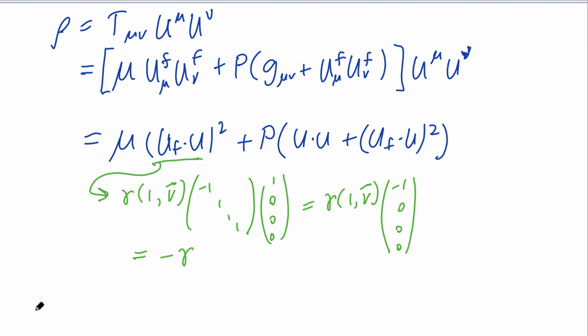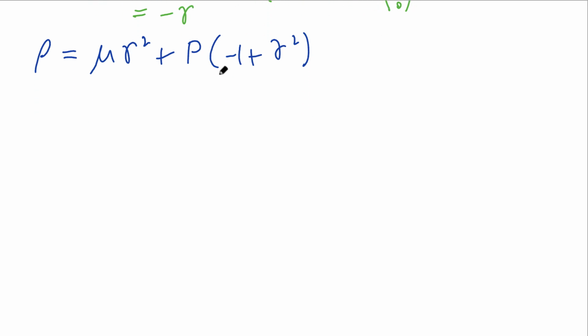So if we put all this together, we find the energy density is mu times minus gamma quantity squared, that's just gamma squared, plus p times minus 1 plus gamma squared. And now this combination is gamma squared, which is 1 over 1 minus v squared, minus 1, and I'll write 1 as 1 minus v squared divided by 1 minus v squared.